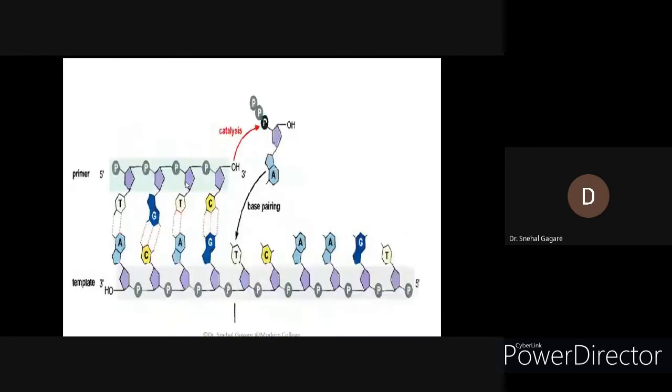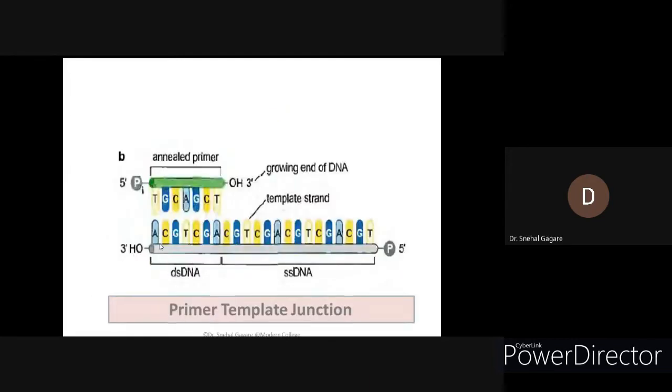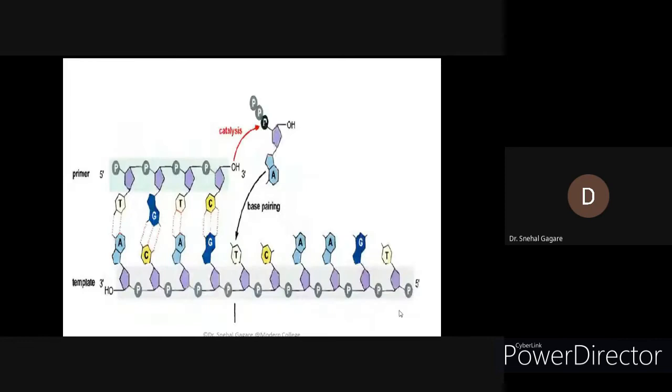Now let us go into the chemistry of DNA synthesis. As we saw here, this is the template strand. We have the template strand, again in the 5 prime to 3 prime direction. In the opposite direction is the 5 prime to 3 prime primer.